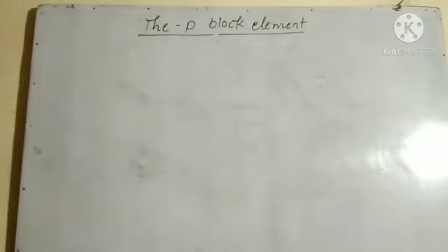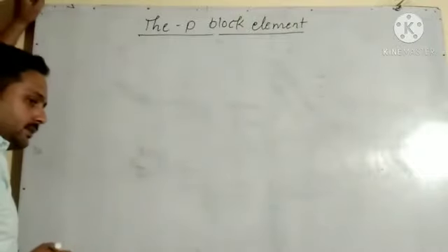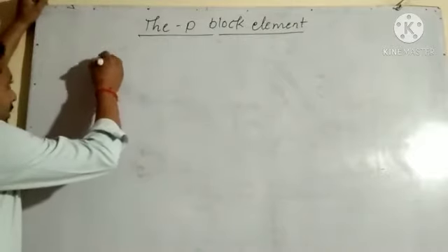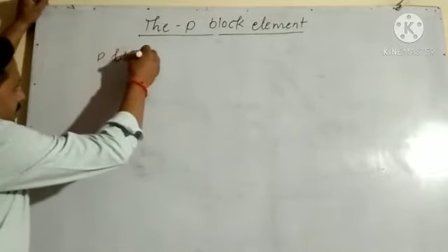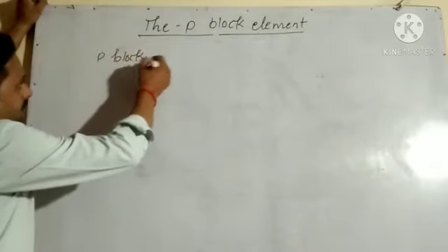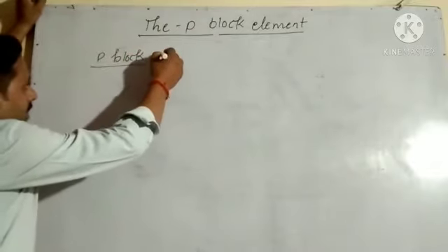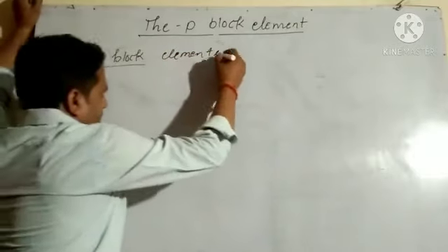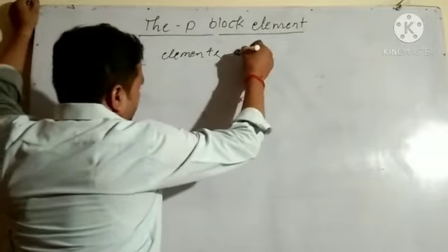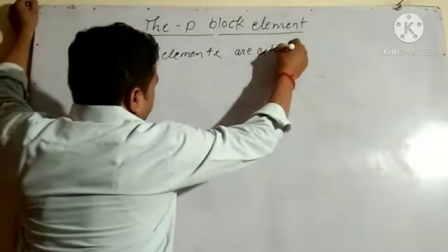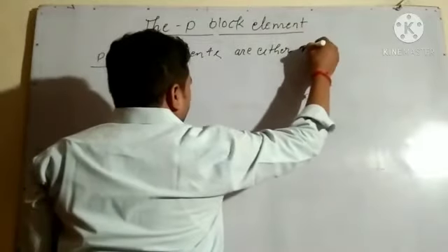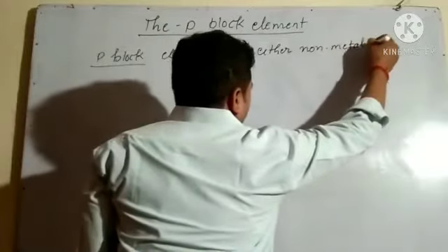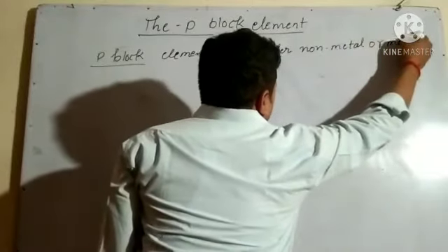In P block elements, non-metals and metalloids are there. P block elements are either non-metal or metalloid.